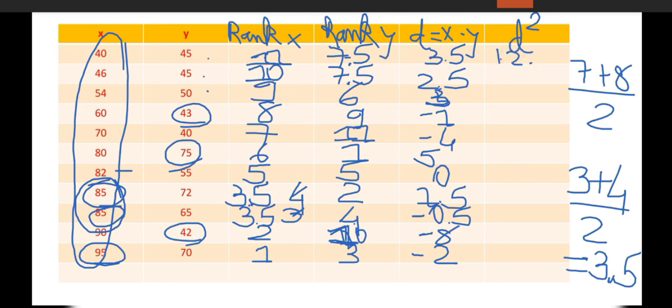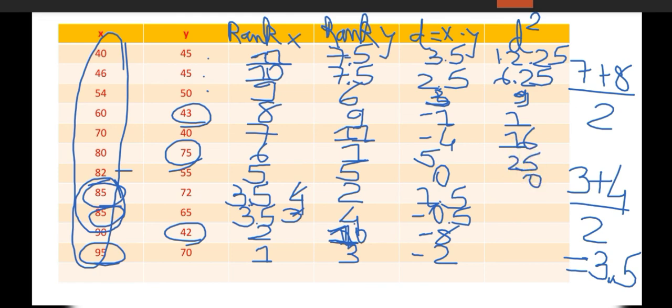Find out D square. That is the square of 3.5, which will be 12.25. Square of 2.5 will be 6.25. Square of 3 will be 9. Then minus 1 squared is 1.